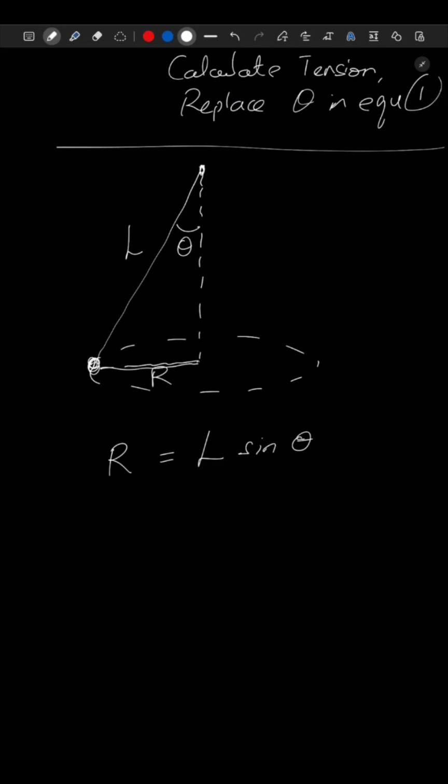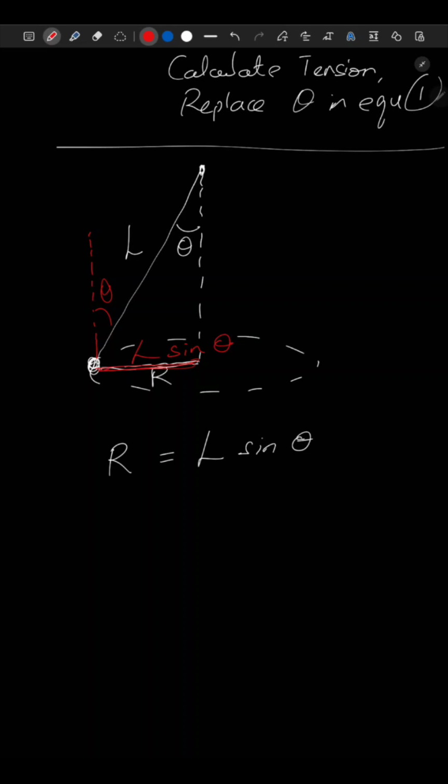And you can see here, this is also theta, so this would be L cos theta, but this length does not exist, so we know that R should be L sine theta by simple geometry.